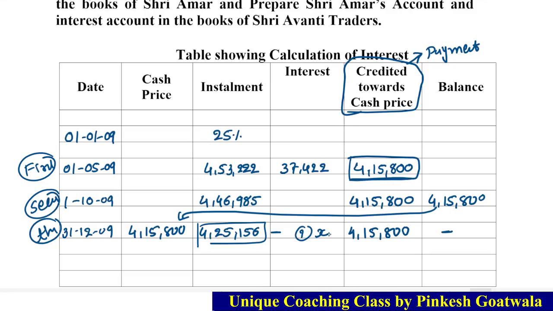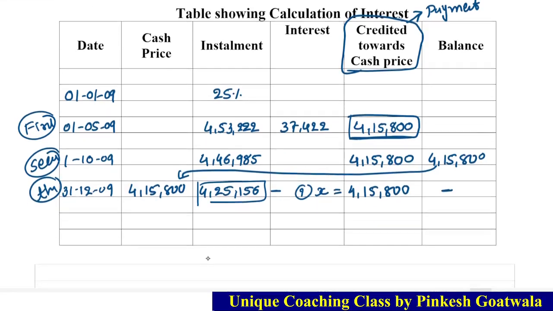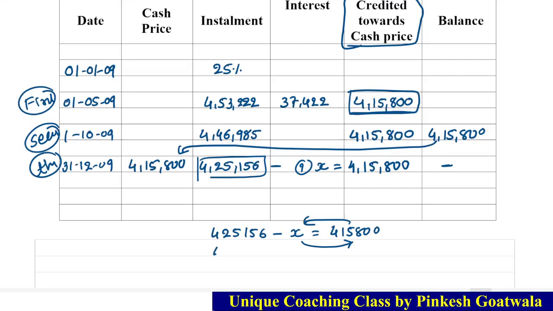Suppose here we take x. If you make an equation, 4,25,156 minus x is equal to 4,15,800. So it will come here and x will come here, 4,25,156 plus on this side, minus, and minus x becomes plus.